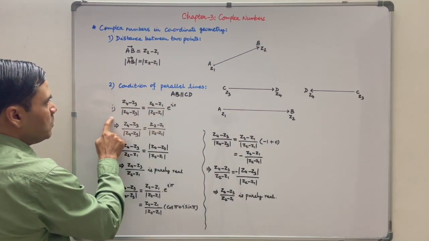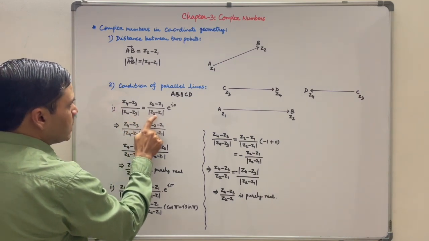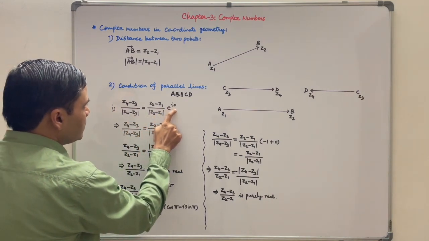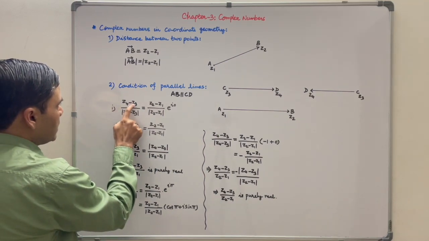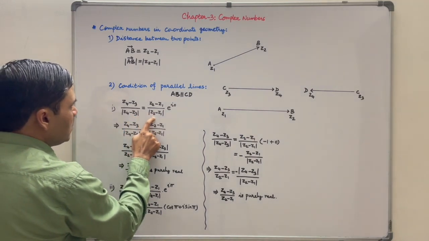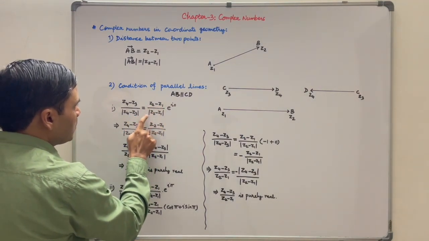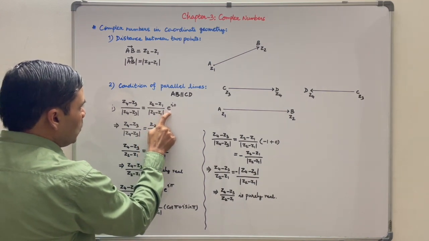So in case 1, we can write unit vector CD is equal to unit vector AB into e to power i0. Unit vector CD is equal to z4 minus z3 upon mod z4 minus z3. And unit vector AB is equal to z2 minus z1 upon mod z2 minus z1. E to power 0 is equal to 1.